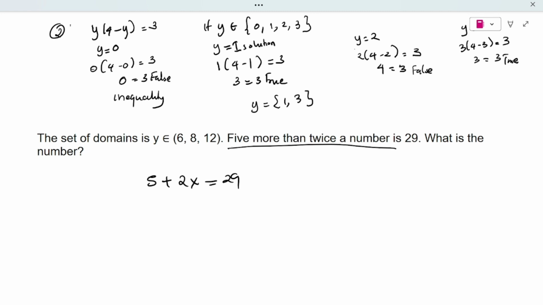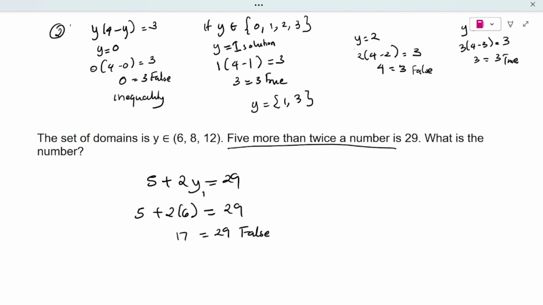But here it is not x, it's y. I'm sorry about that. So we have 5 plus 2y is equal to 29. This is the easiest part. So 5 plus 2 times 6 is equal to 29. We know that 2 times 6 is 12, plus 5 is 17, is equal to 29. This is false. There is no equality for this question. 17 is not equal to 29.